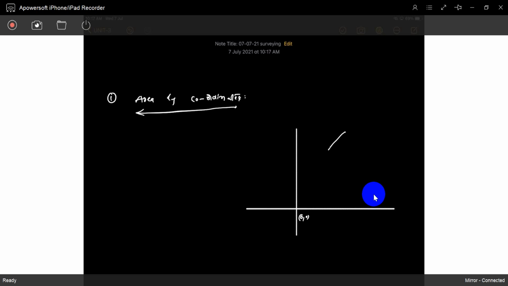Something irregular, any irregular shape. Take anything. Just start with something: x1 y1, x2 y2, x3 y3, x4 y4. The coordinates are given.